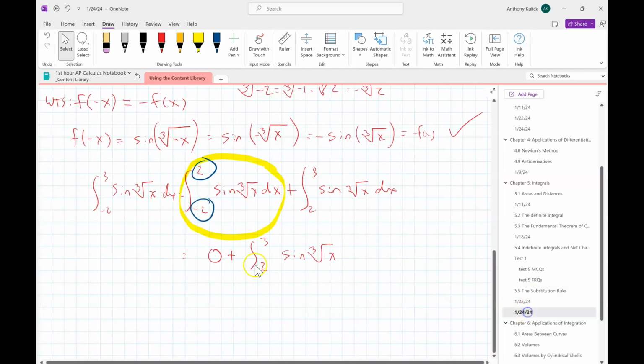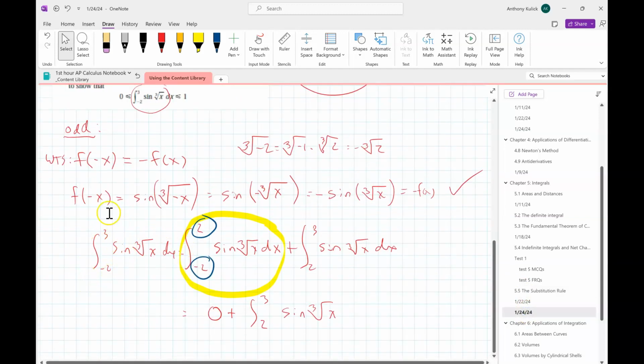So what I did was I broke the integral from -2 to positive 3 into the integral from -2 to positive 2 plus the integral from 2 to 3. And I wanted to do it there because that piece, now I can use that property I just cited to make that 0. Does that feel good?